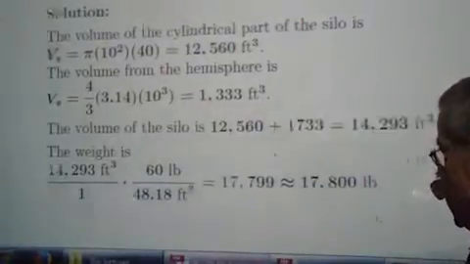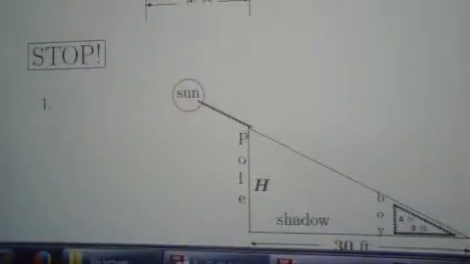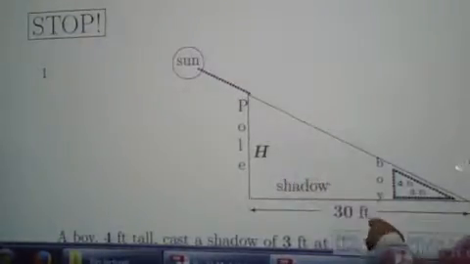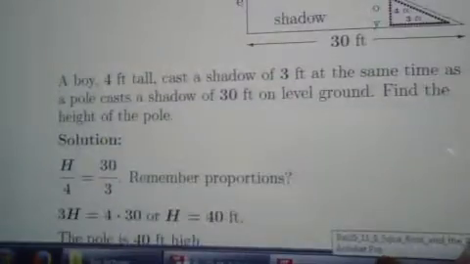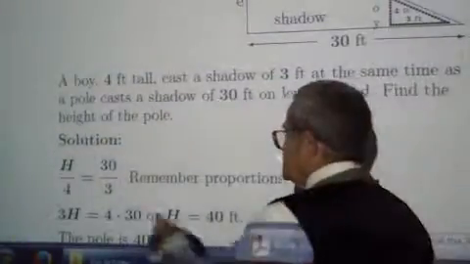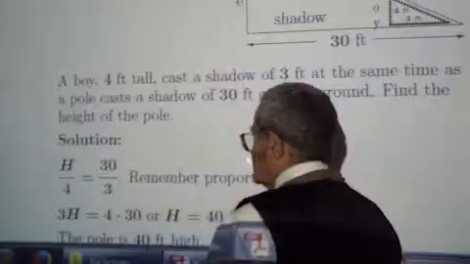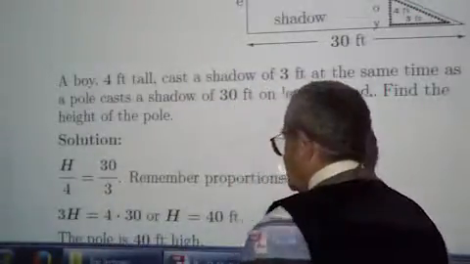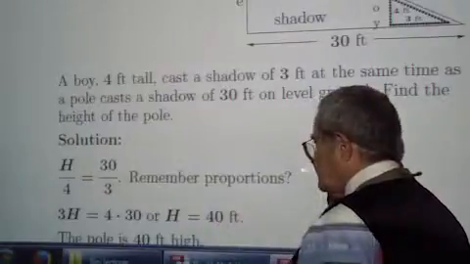We have the boy who is 4 feet and casts a shadow of 3 feet, and the pole's shadow is 30. The height is to 4 as 30 is to 3, or the height is to 30 as 4 is to 3, the same thing. So I came out with a height of 40 feet. The pole is 40 feet high.